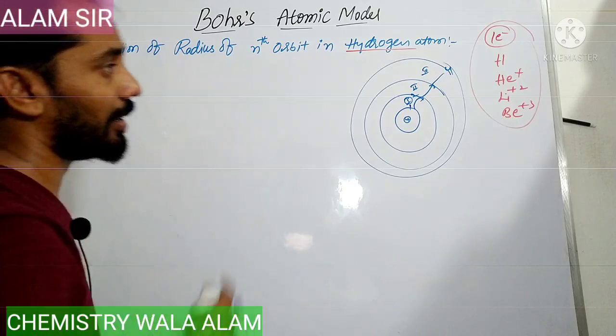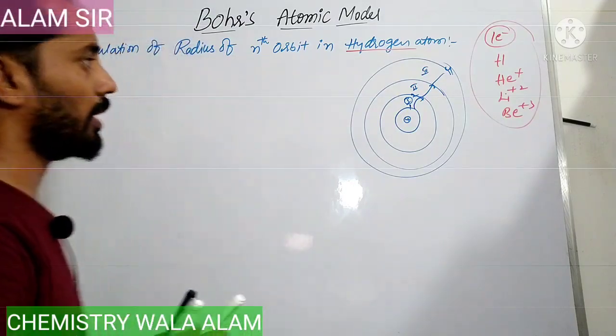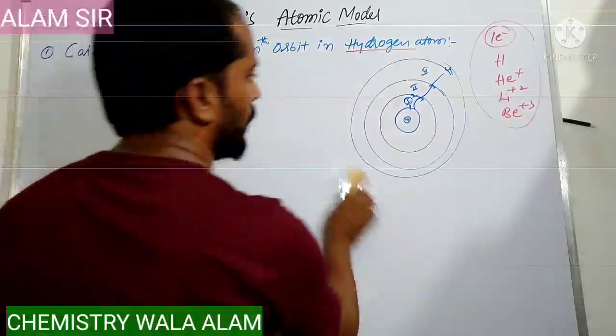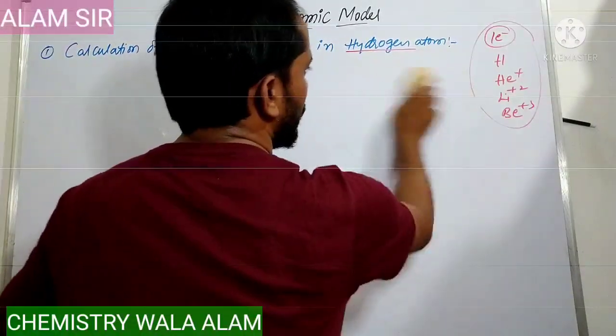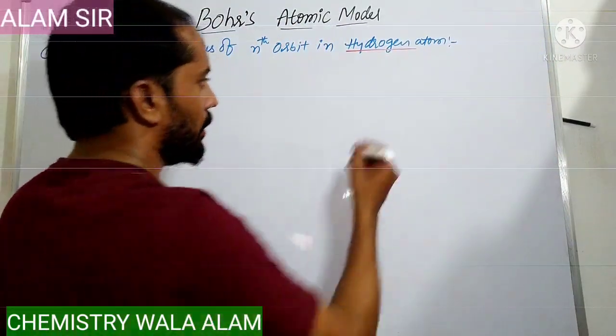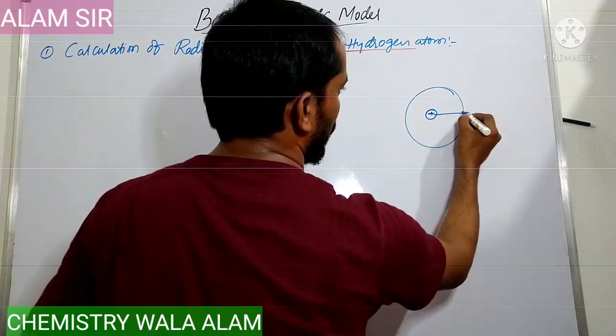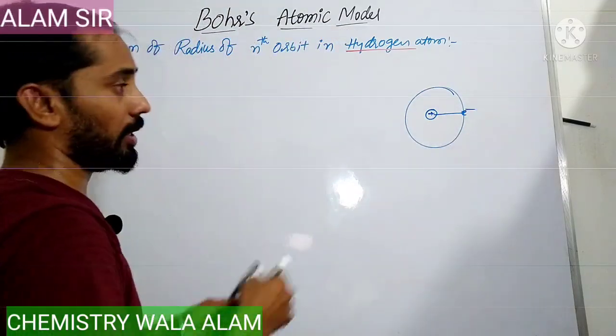So how did he calculate the radius of the nth orbit of the hydrogen atom? First of all, consider an electron revolving around the nucleus.